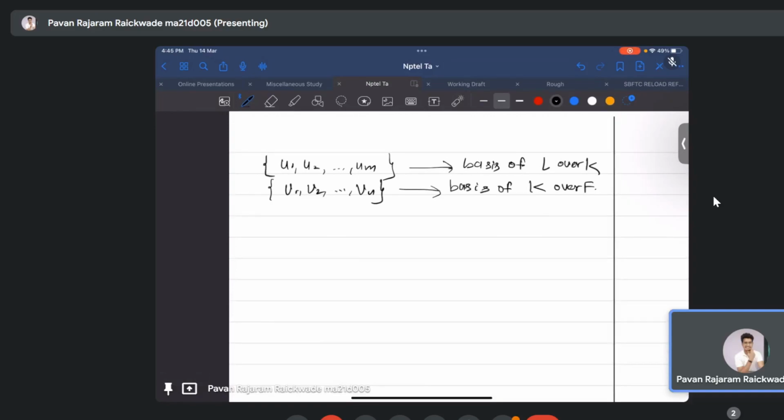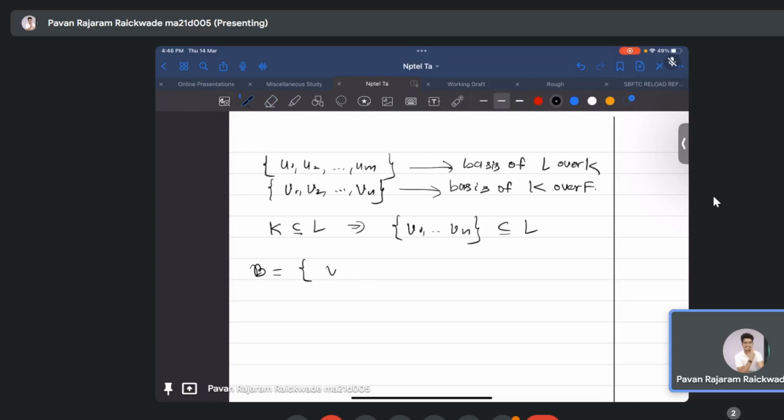So these are the bases with respect to L over K and K over F. So since K is a subset of L, this implies all the elements V1 through Vn are a subset of L again. Now if I consider the new set, let's say U1 through Um, I'll just multiply.